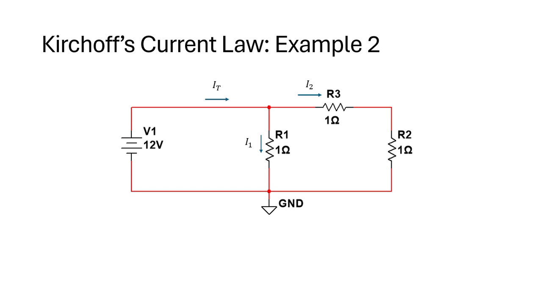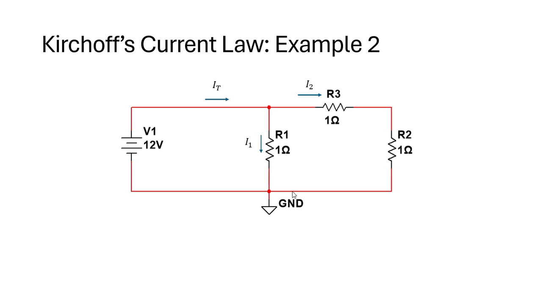That node has current going in, which is I2 here, but it has nowhere else to go other than coming out here. Therefore, I2 is equal to the same value coming down here, which then goes back to this node.